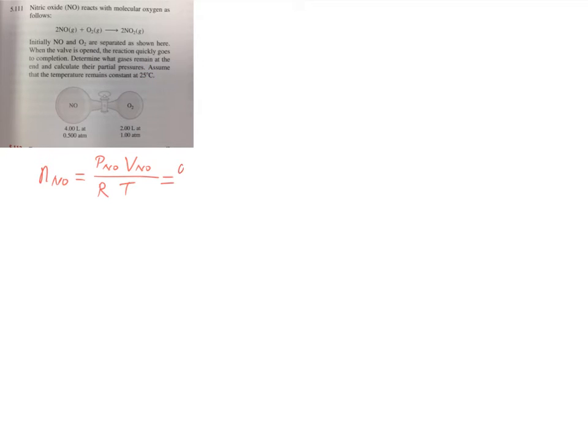So we have 0.500 atm times 4.00 liter divided by the ideal gas constant 0.0821 liter atmosphere over Kelvin mole times the temperature, that is 25 plus 273.15 Kelvin. We have 0.0817 mole. That is for nitric oxide NO.